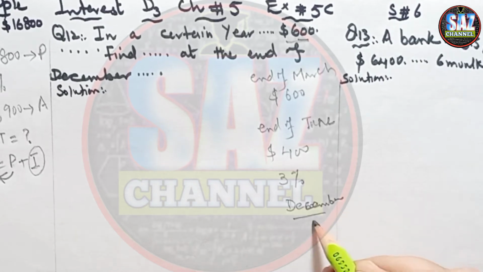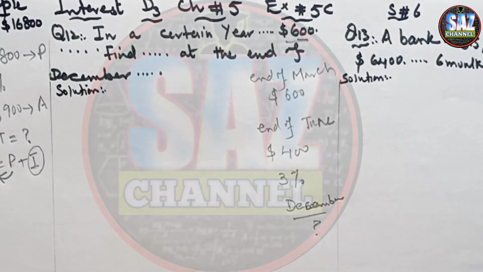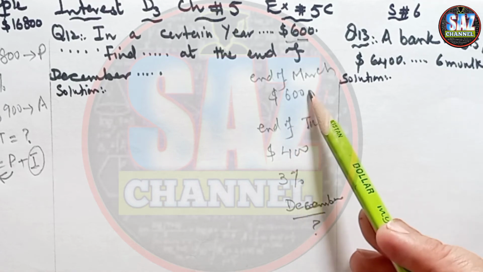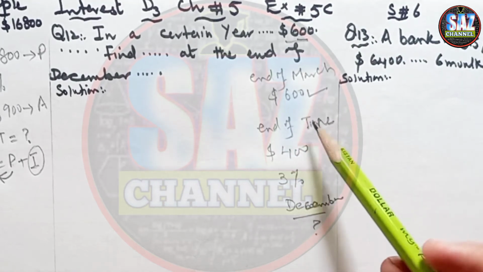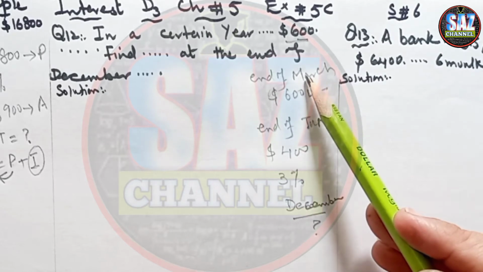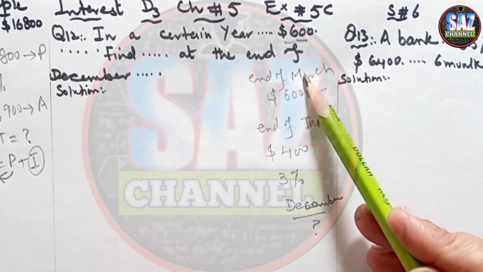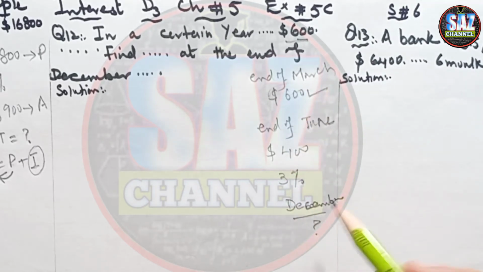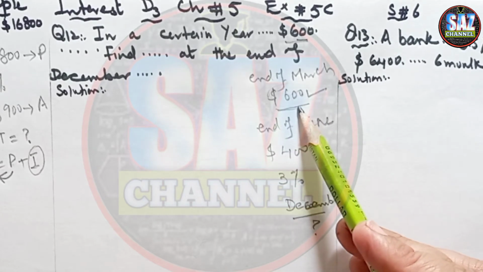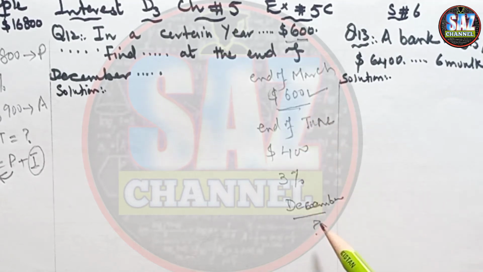First of all, we have to read and think about the question again. There are two investments. The first investment is $600, made at the end of March. We have to think about how much time there will be for this investment. From March till December, we will have 9 months.